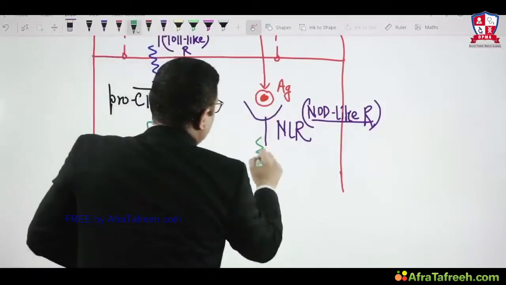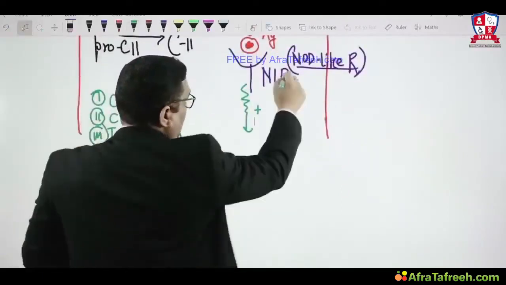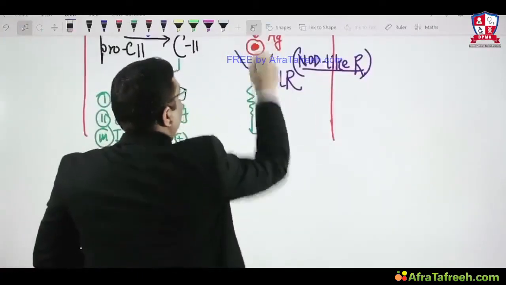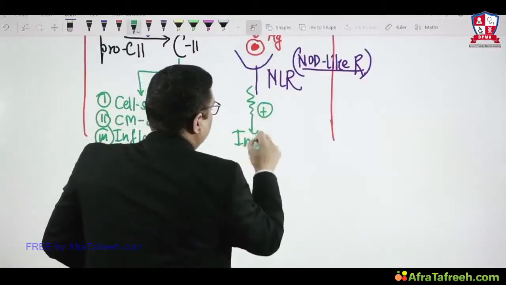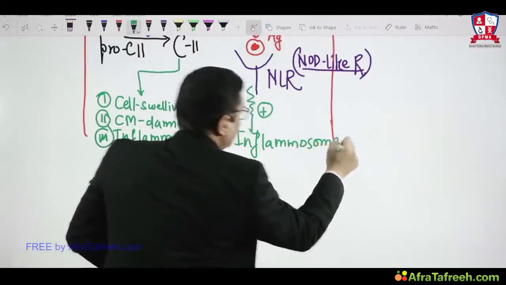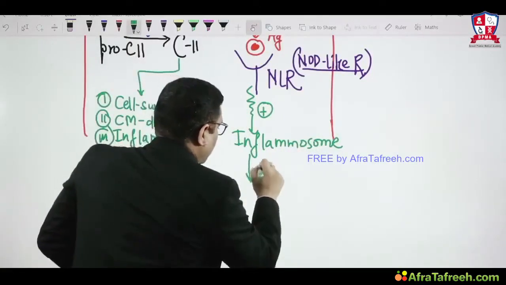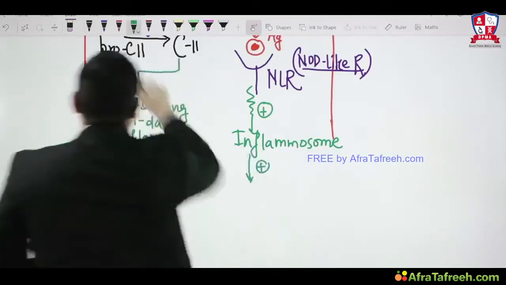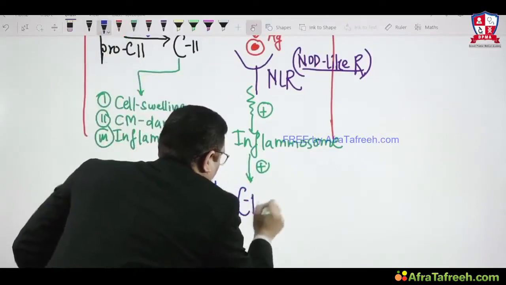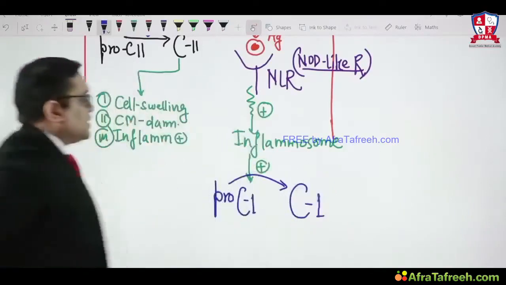The combination of the Nod-like receptor and antigen within the cytoplasm will activate the inflammasome. This is another important feature. When the Nod-like receptor combines with the antigen, it activates the inflammasome, and this inflammasome activation will convert procaspase 1 into the active form, caspase 1.